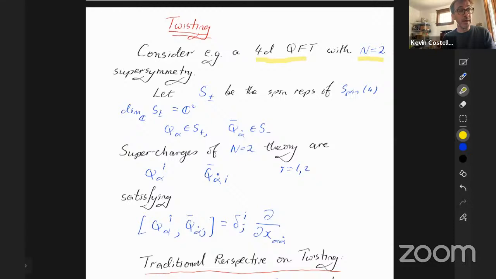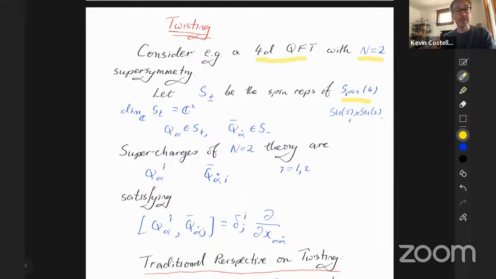So let me remind you what it means to have N=2 supersymmetry. The group Spin(4), in Euclidean signature, is SU(2) times SU(2). Each copy of SU(2) has its fundamental representation, and these are the two spin representations of Spin(4).